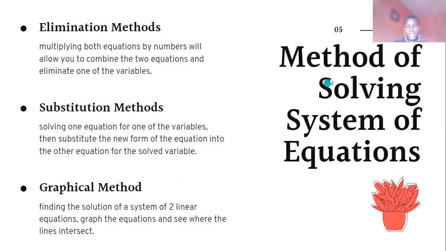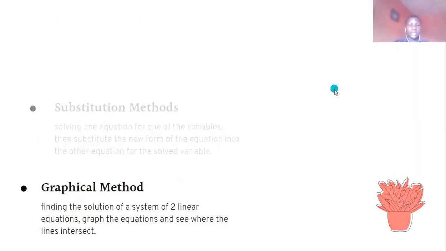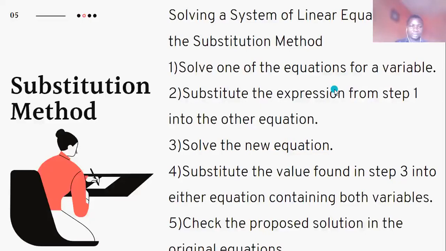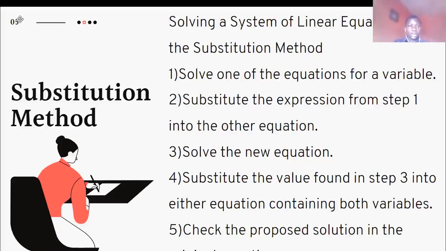So let us start looking at what I've already mentioned here. The first thing that we'll be looking at is the substitution method. So what's the function of this substitution method? We have basic steps that you have to follow when you're trying to solve a problem related to substitution methods.